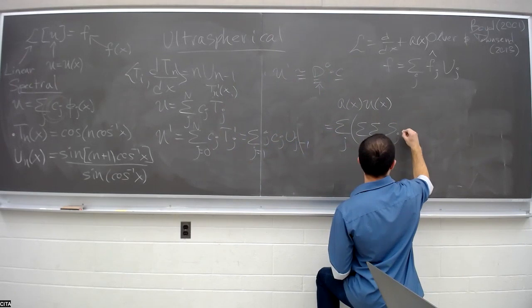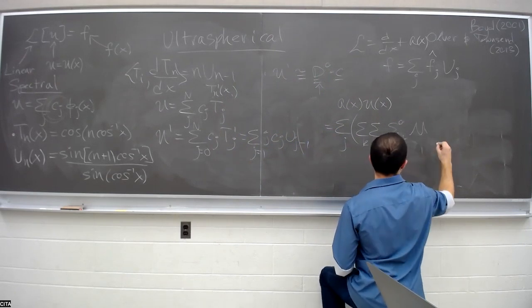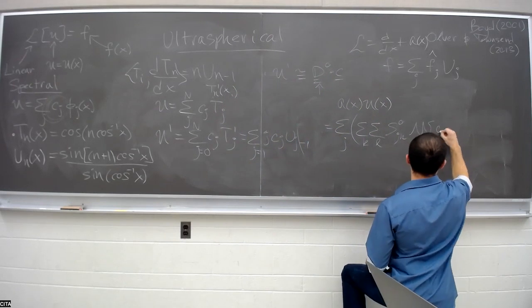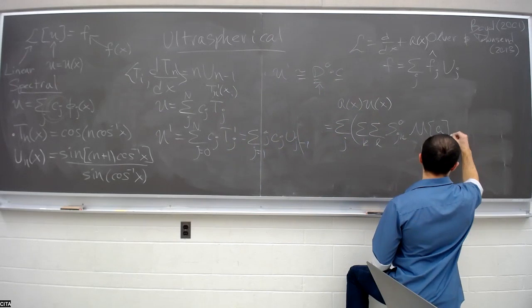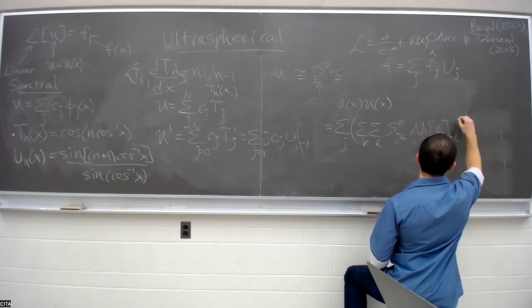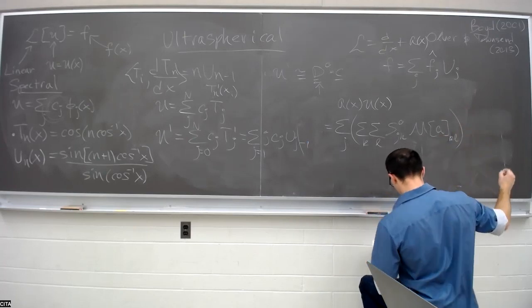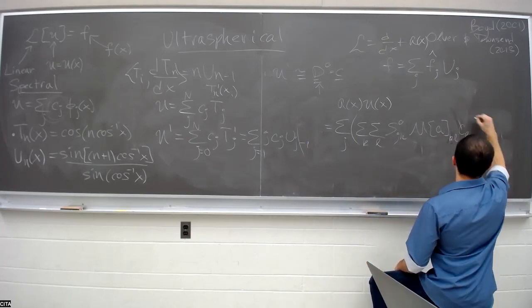You can write this in terms of 2 matrices. The first one, this S naught here, translates from coefficients in a Chebyshev T basis to coefficients in a Chebyshev U basis.